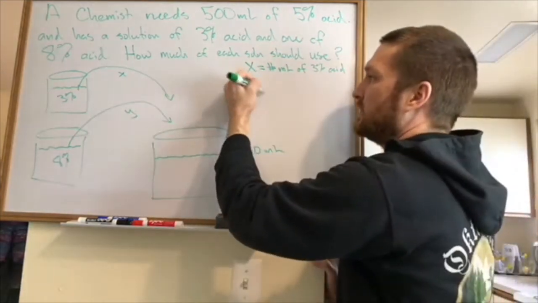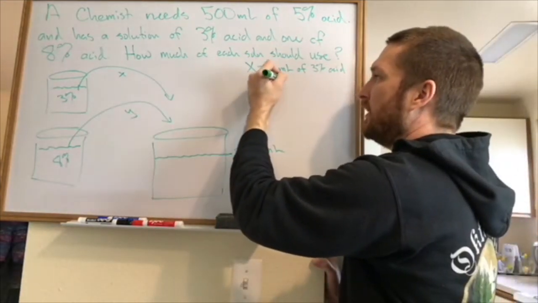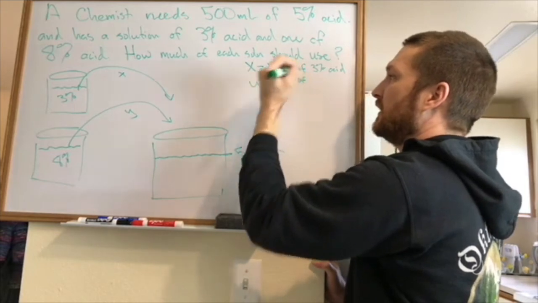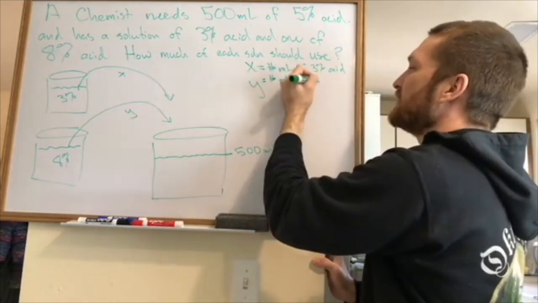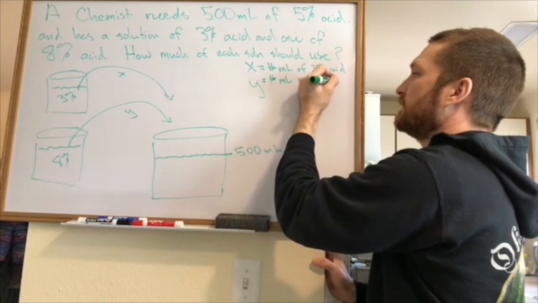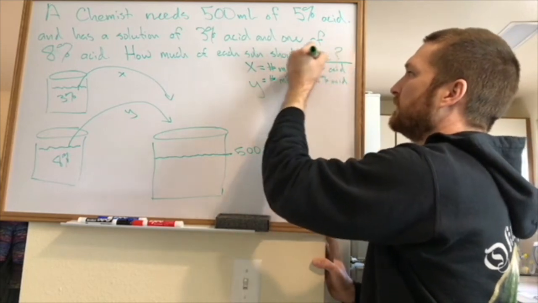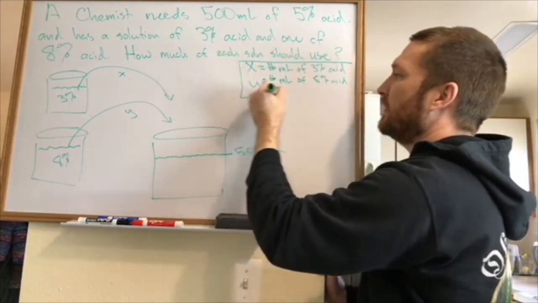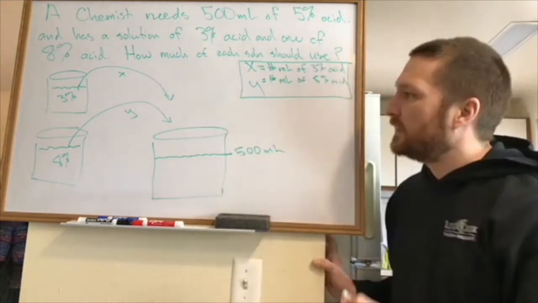Y is the number of milliliters of 8% acid that we use. Now I have that written on the page. That's going to help me out.